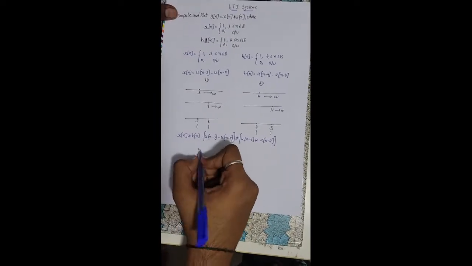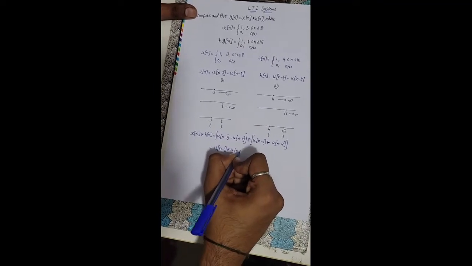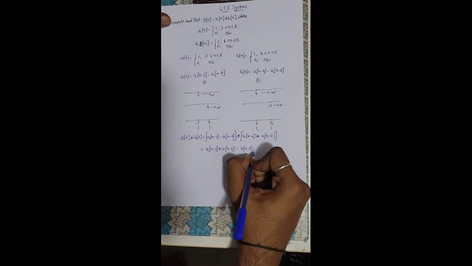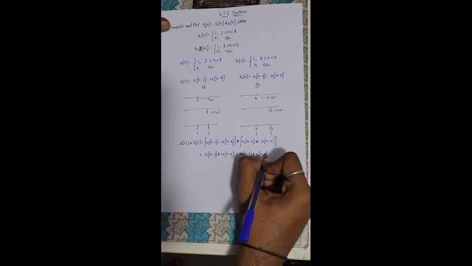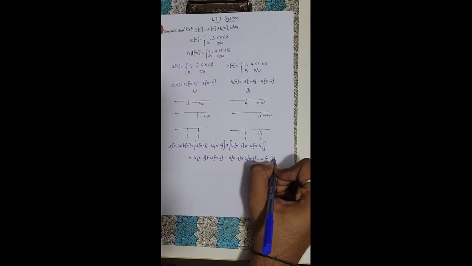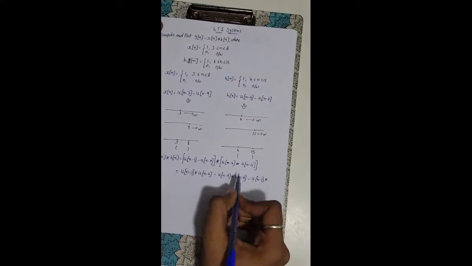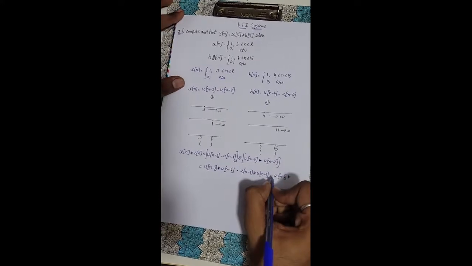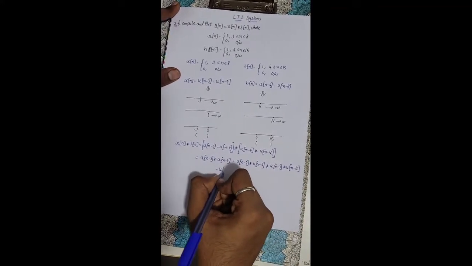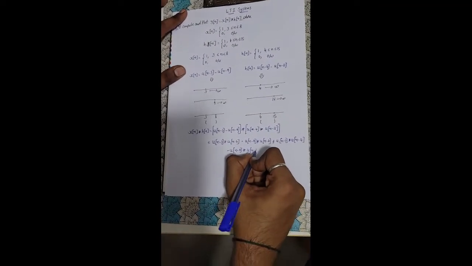Now by using the distributive property, we can write this as u of n minus 3 convolution u of n minus 4, minus u of n minus 9 convolution u of n minus 4, minus u of n minus 3 convolution u of n minus 16, and plus u of n minus 9 convolution u of n minus 16.